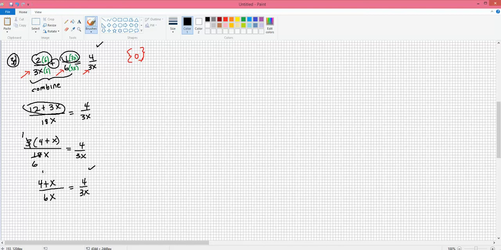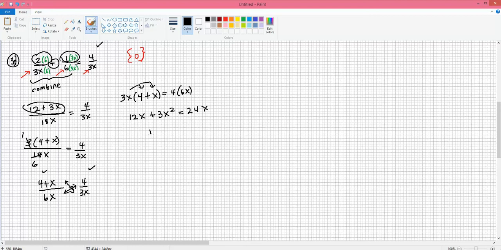All right, now that we have one term on each side, we can go ahead and cross multiply. So we really have 3x times 4 plus x equals 4 times 6x. I'm going to go ahead and distribute: 12x plus 3x squared equals 24x.